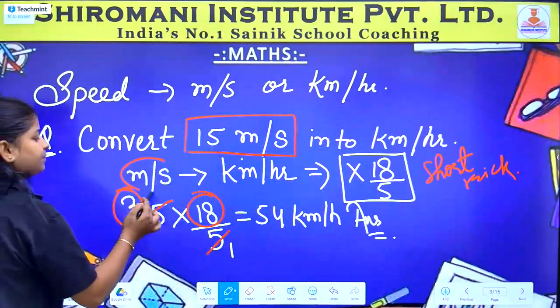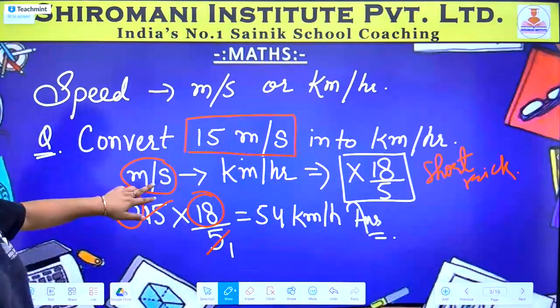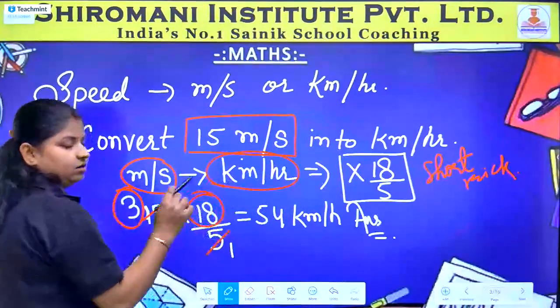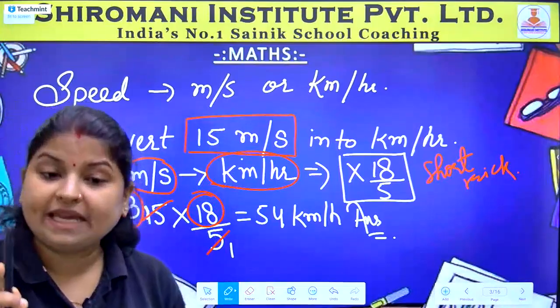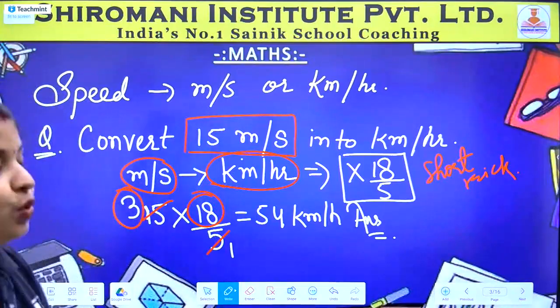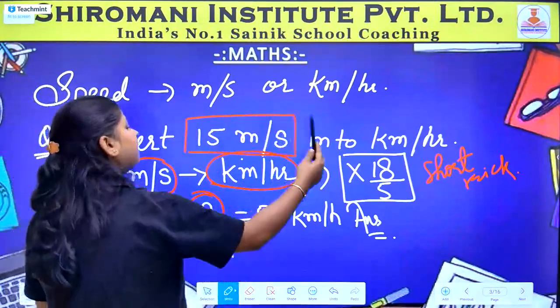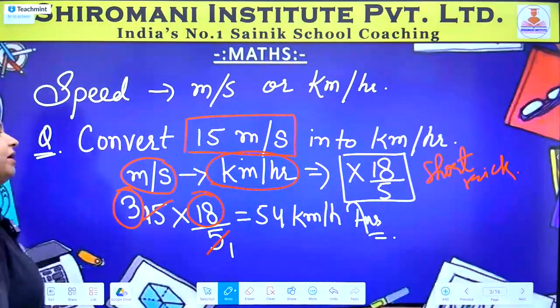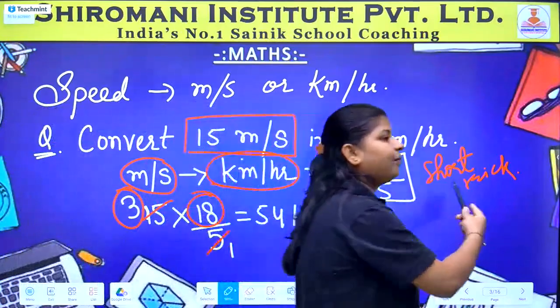Whenever you have to convert speed which is given in meter per second to kilometer per hour, always remember that you have to multiply that by 18 upon 5.